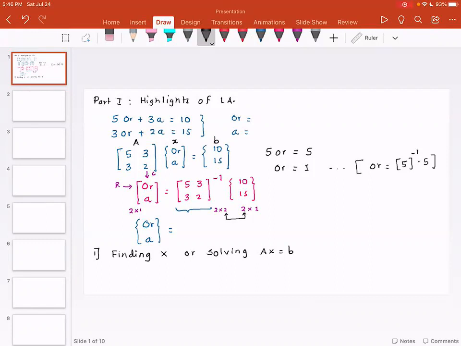And this inversion, this A inverse, may be possible, may not be possible.